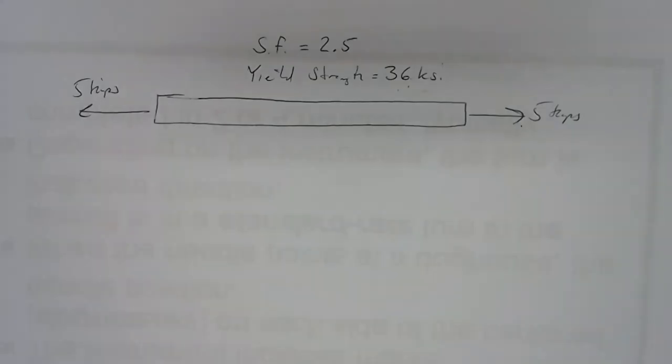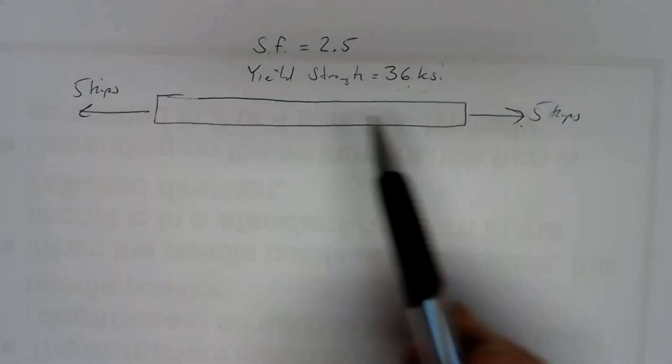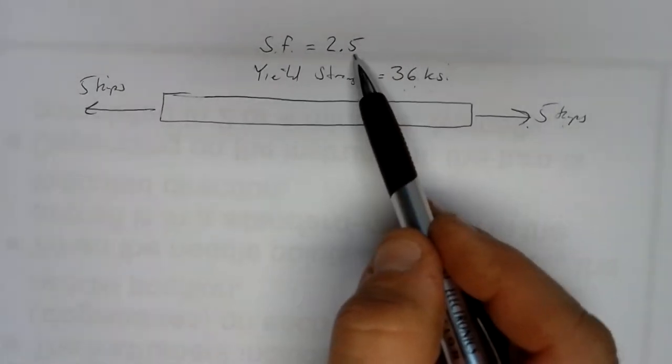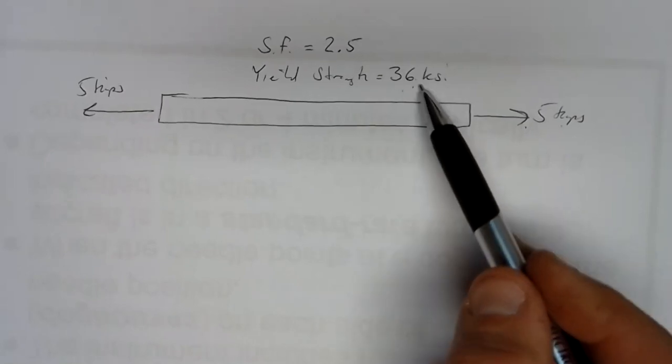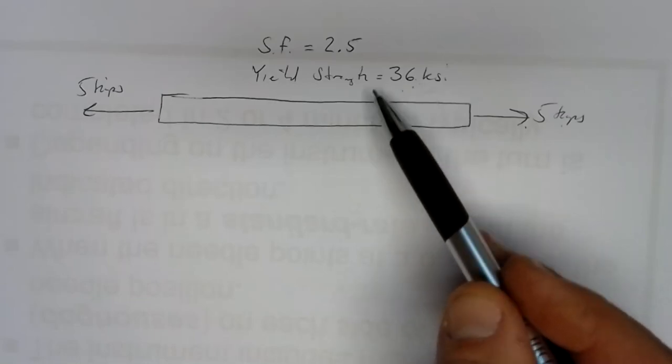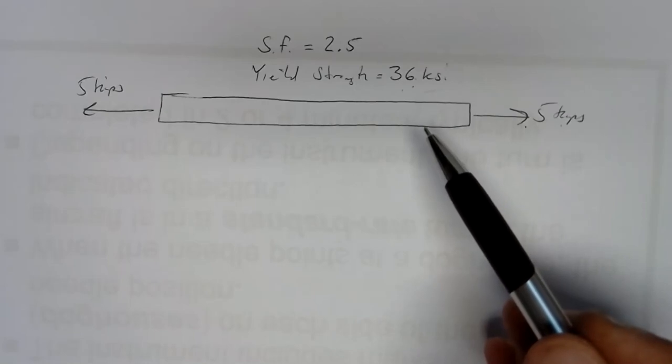Either way we do it, we're making life harder for the material on paper. We're treating it as if it's in a harder situation than it actually is, either more force than we anticipate by the amount of the safety factor, or less strength than we anticipate by the amount of the safety factor. Either one will lead to increasing the area by the safety factor. So it's usually pretty easy to apply once you've figured it out.